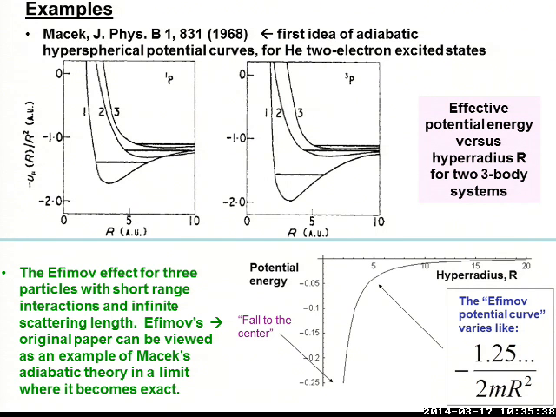In fact, he's also calculating energy as a function of hyperradius, and you can view his paper as an application of this adiabatic picture, but in a limit where this is an exact treatment. In a sense, Macek's treatment is a generalization that allows you to use this even in cases when the hyperradial degrees of freedom are not exactly separable.